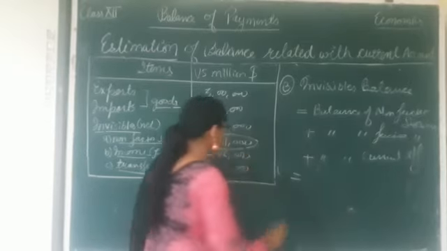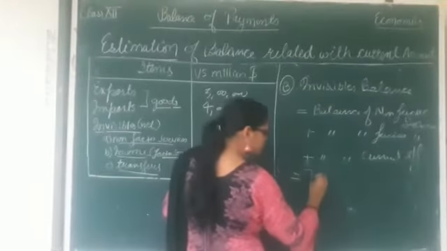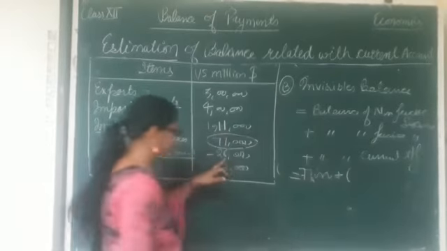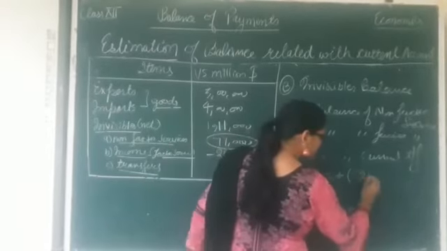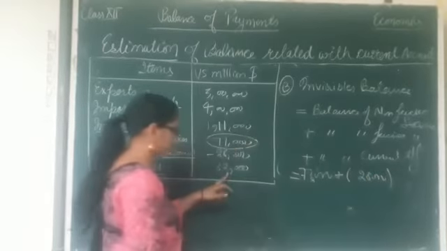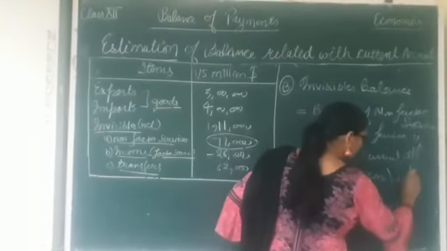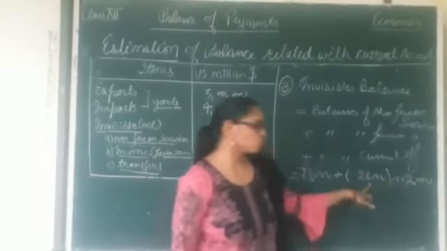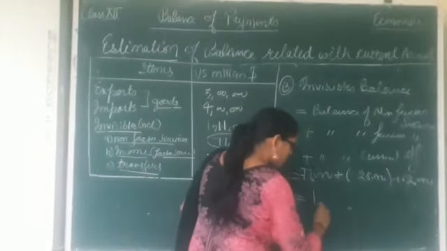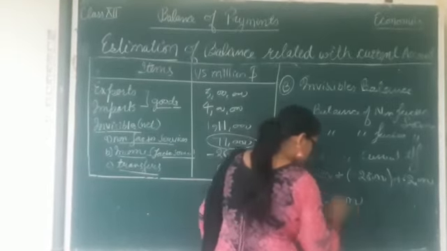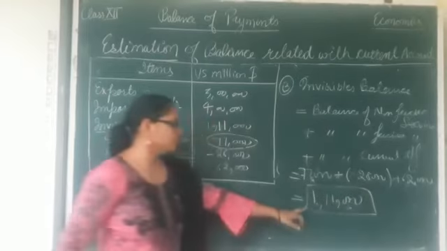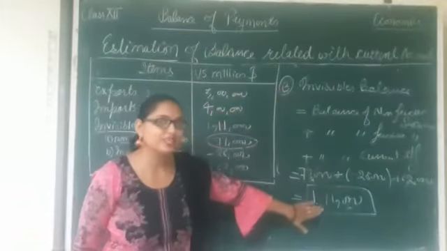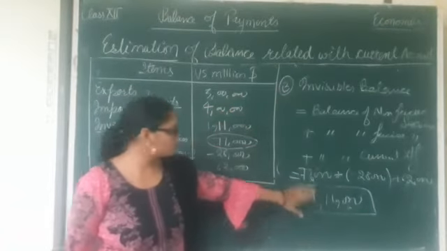Here it is given to us 77,000, plus it is given in negative here, minus 28,000, and here it is 62,000. So when we add, these two will be added and this will be deducted. The answer will come to 1,11,000. So this is the invisible balance and it is already given over here as 1,11,000. So we can find the invisible balance and counter check it with what is given in the question.